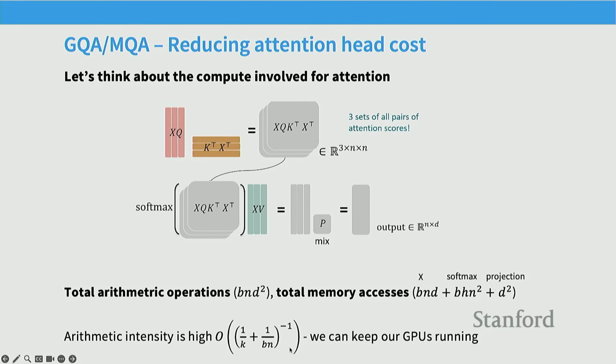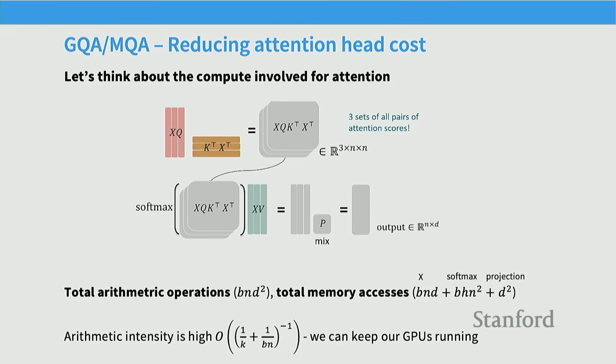And so we can take the ratio of total memory accesses and arithmetic operations. This is going to be very important in a couple of lectures, this idea called arithmetic intensity. We want our arithmetic intensity to be high. What that means is we want to be doing a lot of compute for every single memory access that we do.